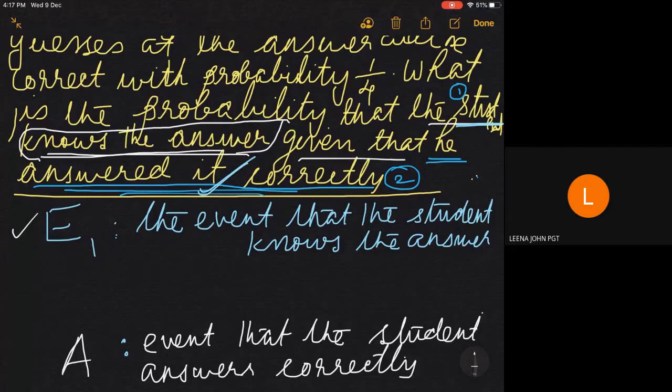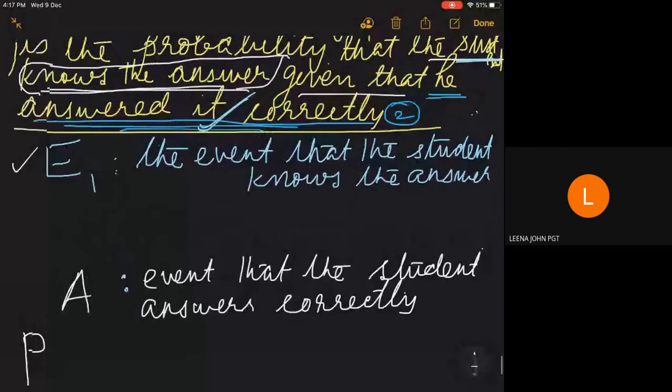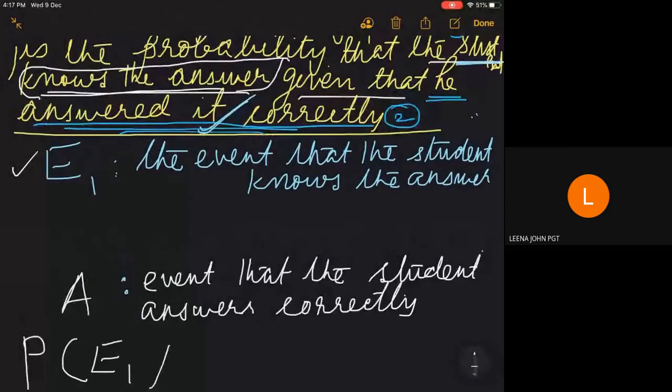And now your question is: find the probability that the student knows the answer. That means probability of E1, given that he answered it correctly. That means given that A. And you can also notice that the condition happens at a later stage.